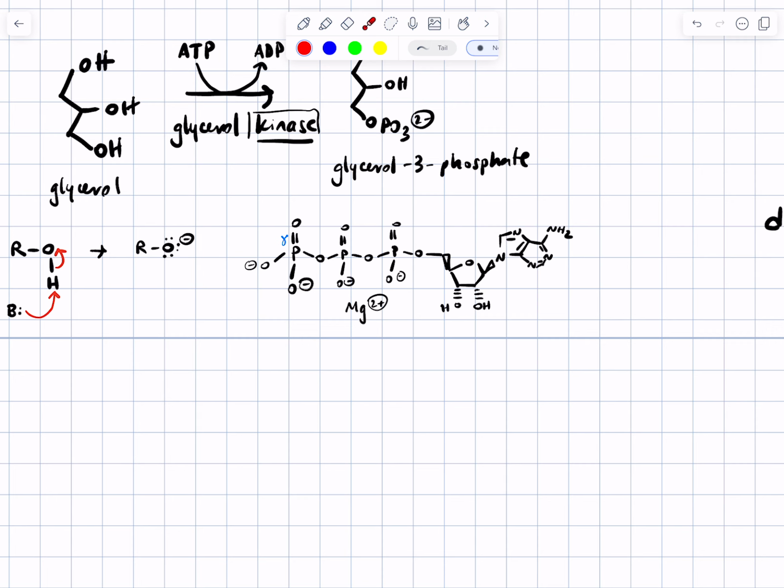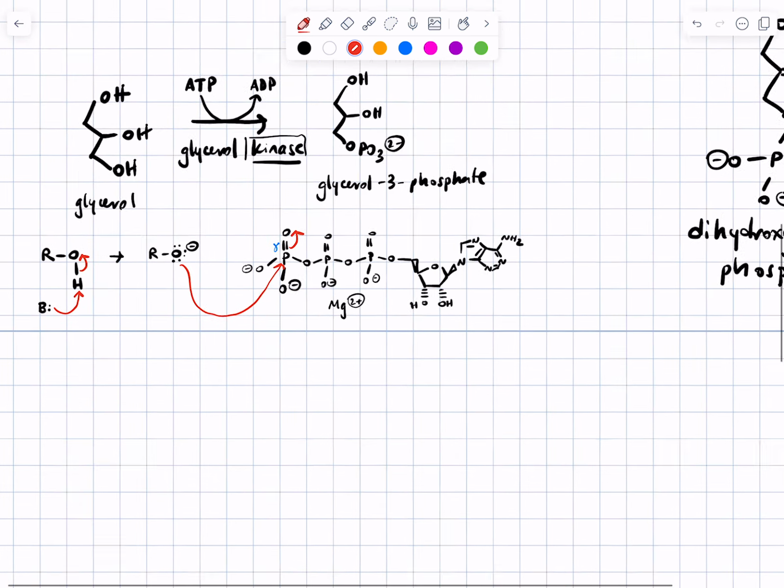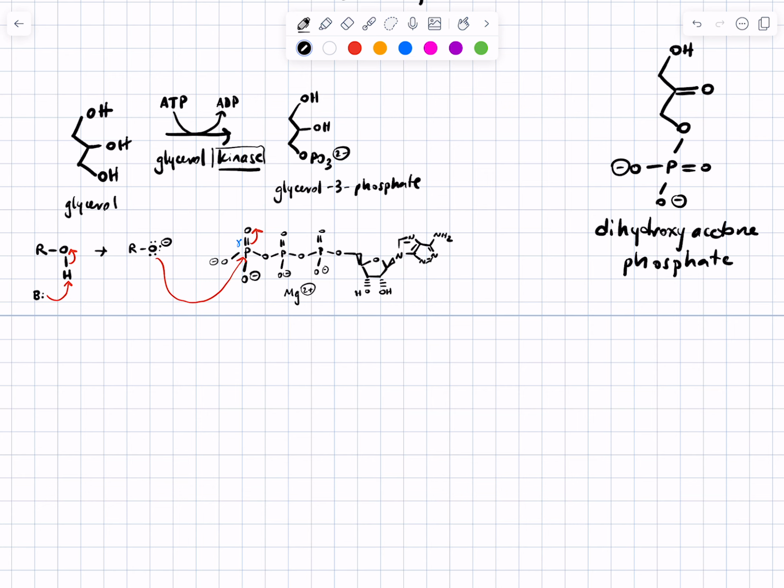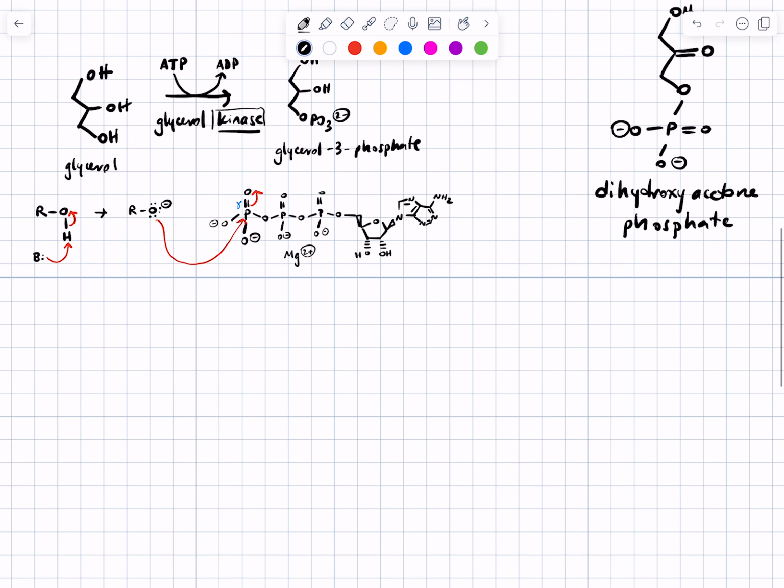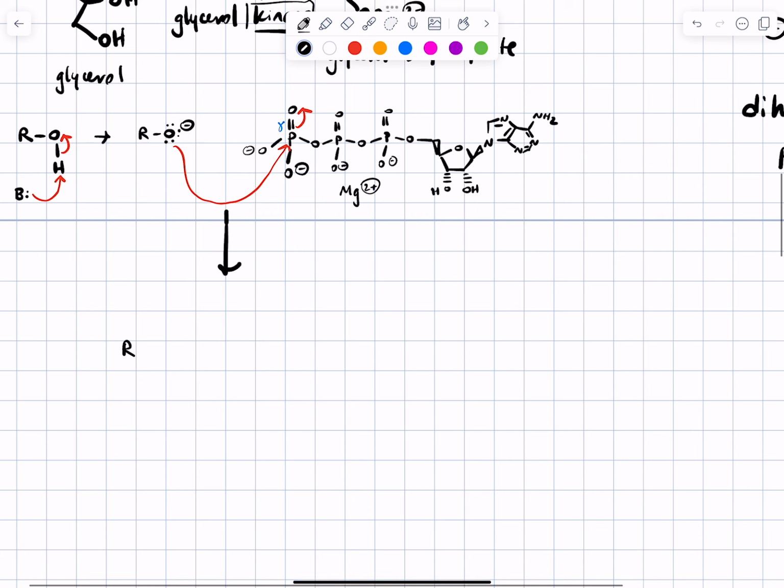Because what we're going to see is the negatively charged oxygen attacks the gamma phosphate. We're going to get a pentavalent intermediate, which is going to look like this.